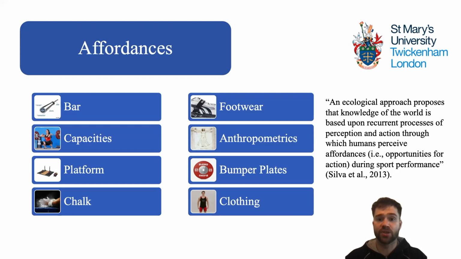Capacities themselves, so strengths, mobility, flexibility, are an affordance. If you don't have a certain level of strength, you shouldn't necessarily attempt Olympic weightlifting, so it's always good to follow some of the prerequisites. Making sure you're mobile enough to drop under the bar and catch the bar in the right position without putting your body at risk, again, is another affordance.